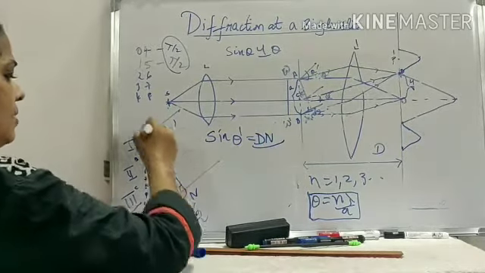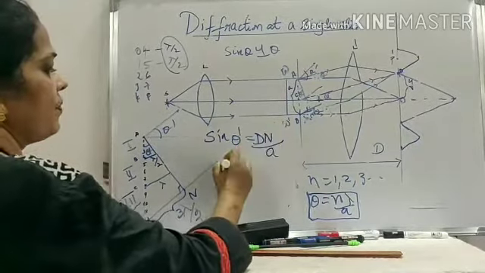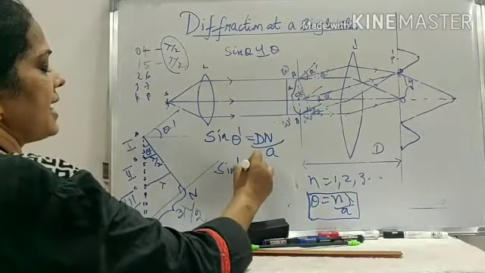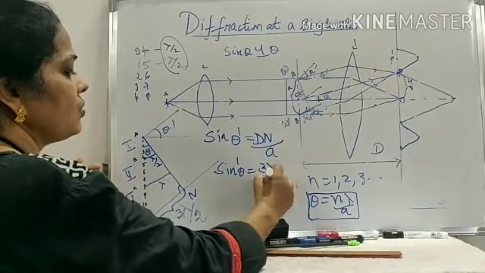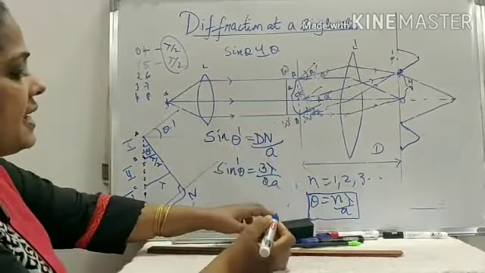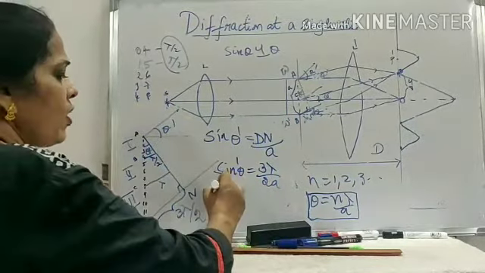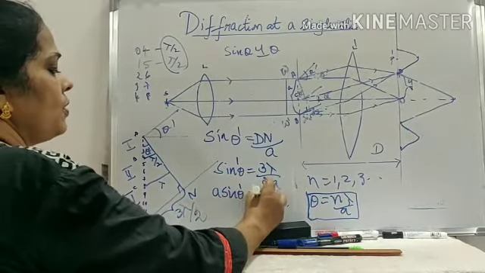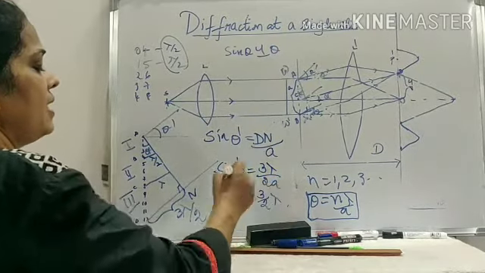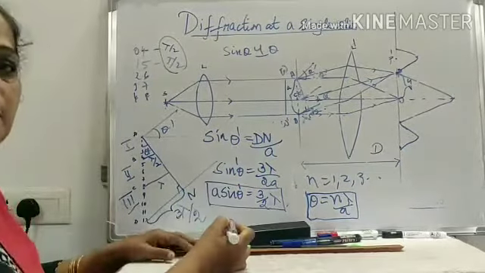This is 90, so this must be the hypotenuse, which is the width of the slit, that is A, or sine theta dash is equal to 3 lambda by 2a. So, this is the condition for the path difference. You can also write this as A sine theta dash is equal to 3 by 2 lambda.